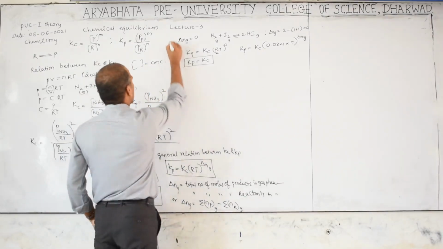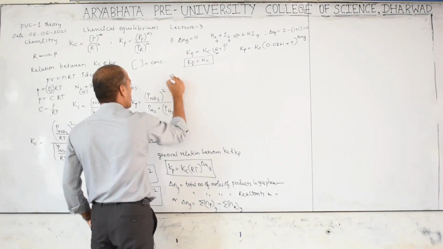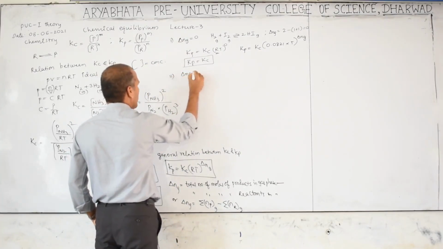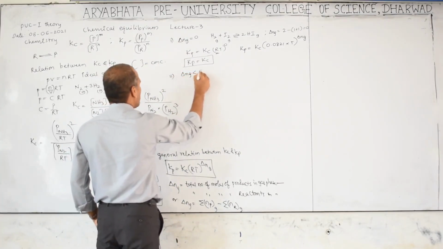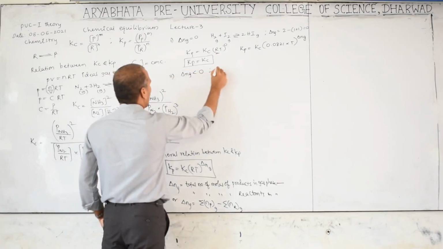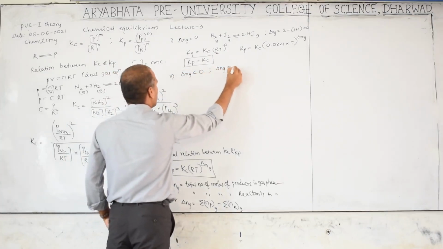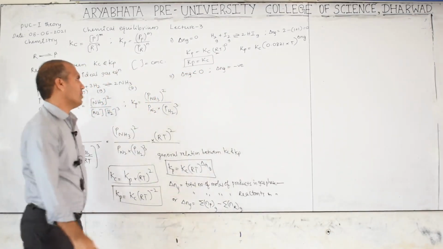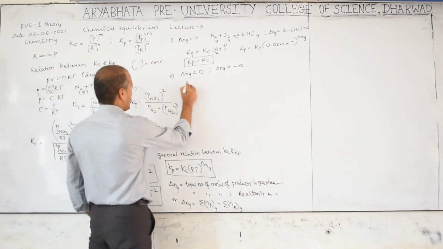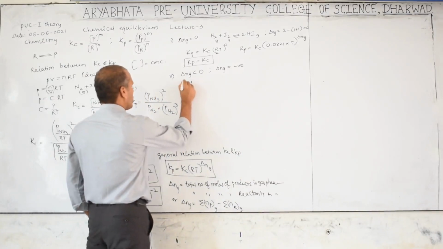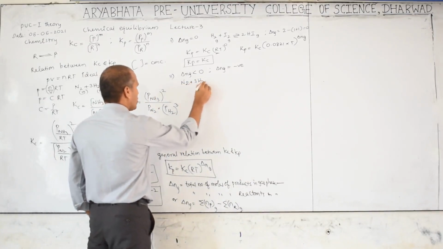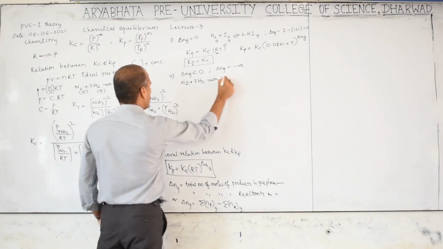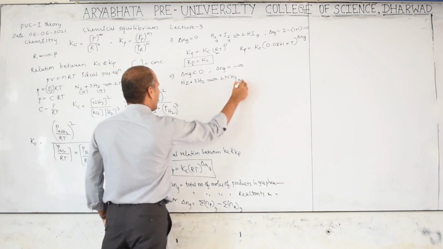Okay. Next, this is case 1. Case 2: delta Ng is less than 0, that is, delta Ng is a negative value. Same equation: N2 plus 3H2 gives 2NH3 gas.